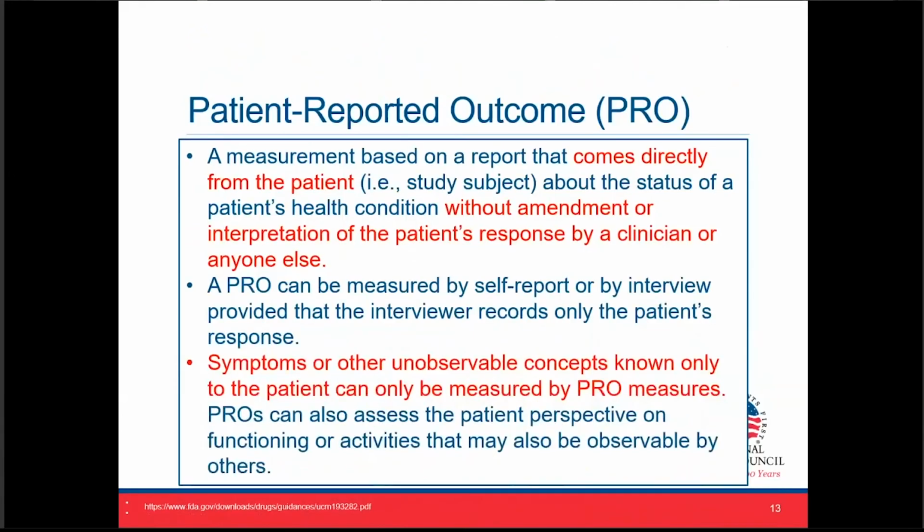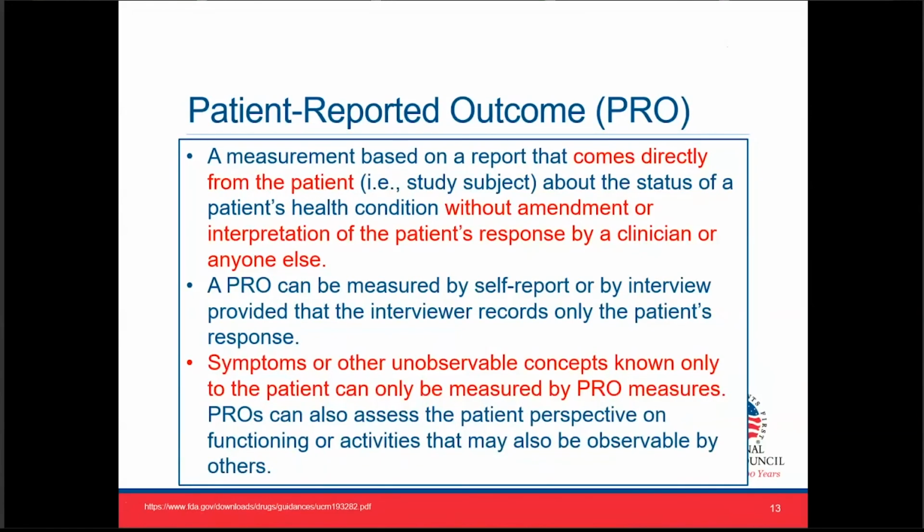So I'm going to look at these definitions now, as I said, from the BEST website glossary. A patient-reported outcome is a measurement based on a report that comes directly from the patient. And I have added the red font to what I want you to be sure and notice. Directly from the patient, it doesn't come through anyone else. It has to be from the patient if it's patient-reported.